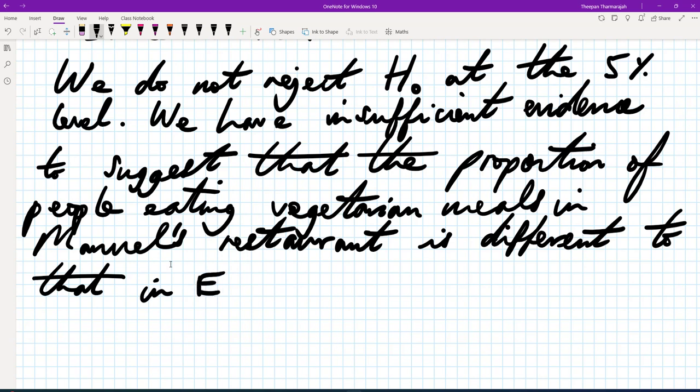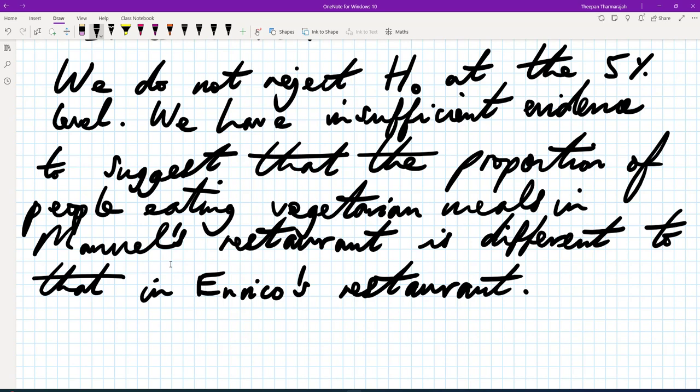And that's how we write our conclusion for the examiner.